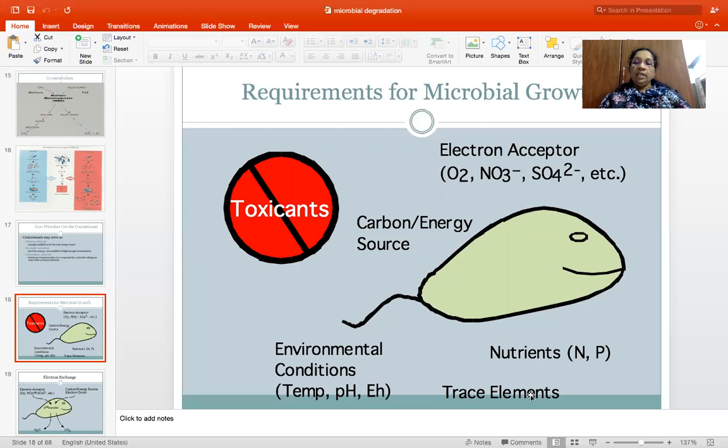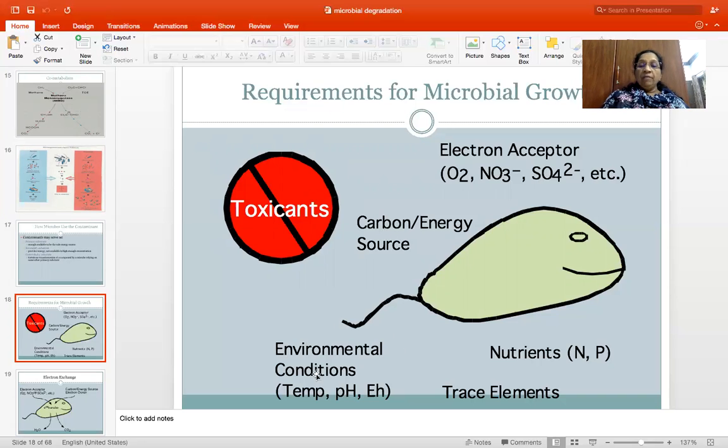Apart from this, it needs other nutrients like nitrogen and phosphorus. Sometimes the contaminant itself will provide the microorganism the source of nitrogen and phosphorus. For example, certain pesticides may contain nitrogen and phosphorus, and the microorganism will be using the pesticide itself as a carbon source as well as a nitrogen and phosphorus source.